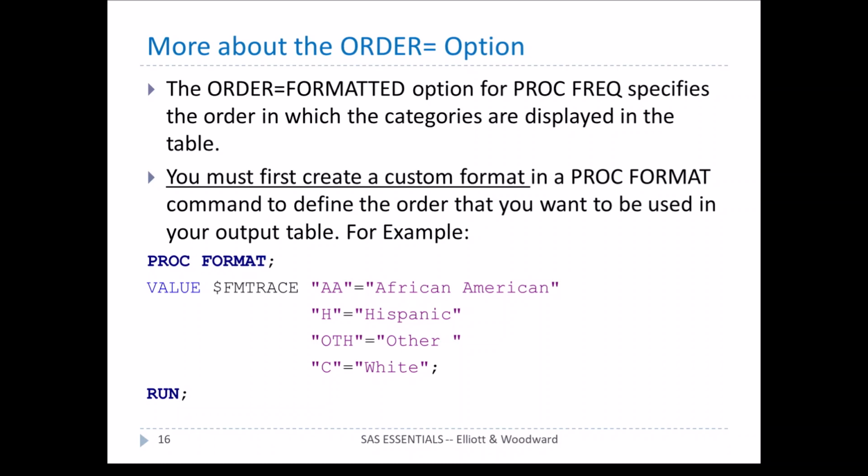Let's say we have a categorical variable whose values are AA, H, OTH, and C, and we want to call them African American, Hispanic, Other, and White. Notice that the name C, which maybe was Caucasian, we've changed to the name White, and that's going to order it with W as the last value in this format, rather than C, which would have appeared between African American and Hispanic.